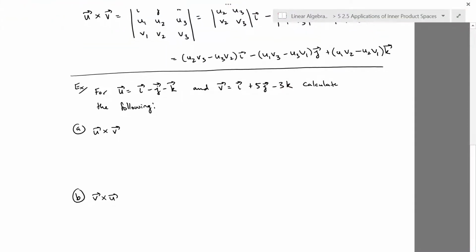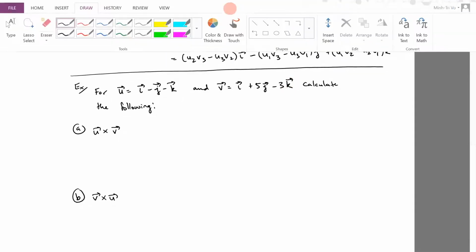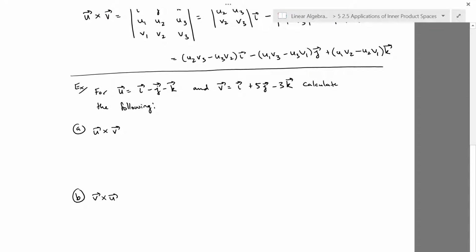Written in terms of the coordinates, it's just the coefficients of i, j, and k. So the vector u is 1, negative 1, negative 1, and the vector v is 1, 5, negative 3.